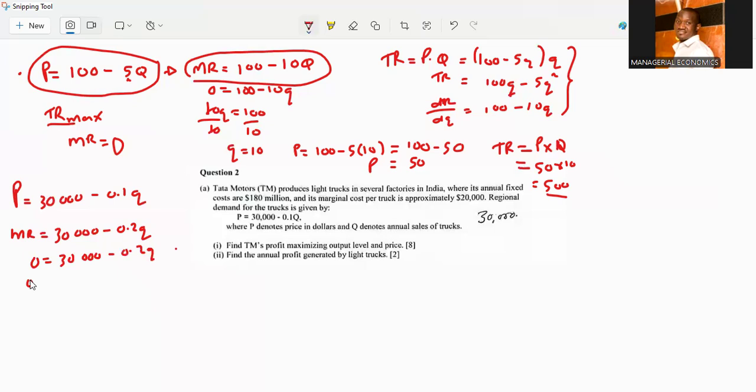We have 0.2Q is equal to 30,000. Then you divide both sides by 0.2. Our Q therefore will be what? 150,000. So that is the number of output that will maximize your total revenue.